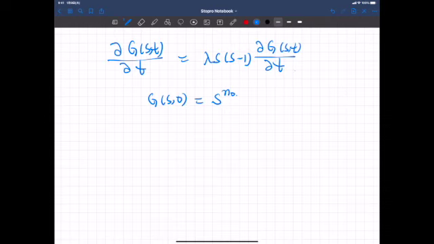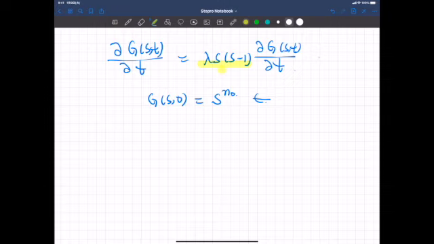Now we want to solve this partial differential equation with this initial condition. But how can we do that? First of all, what we want to do is to get rid of this term. Because if this is gone, then this partial differential equation can be solved very easily. So how shall we get rid of this?